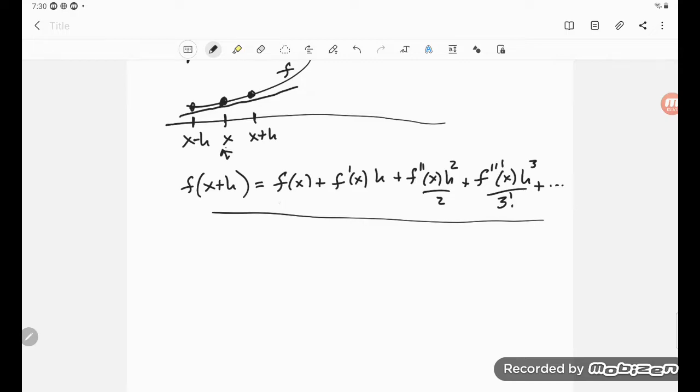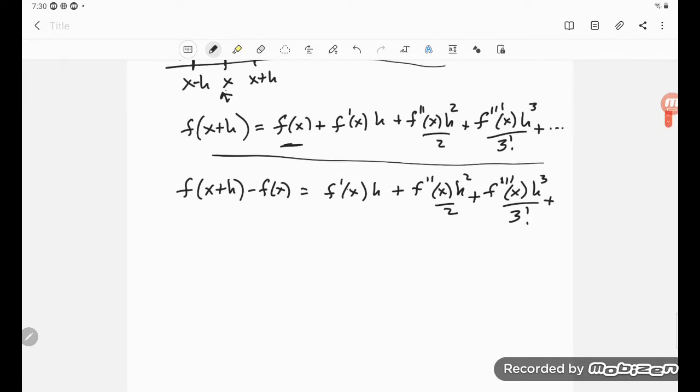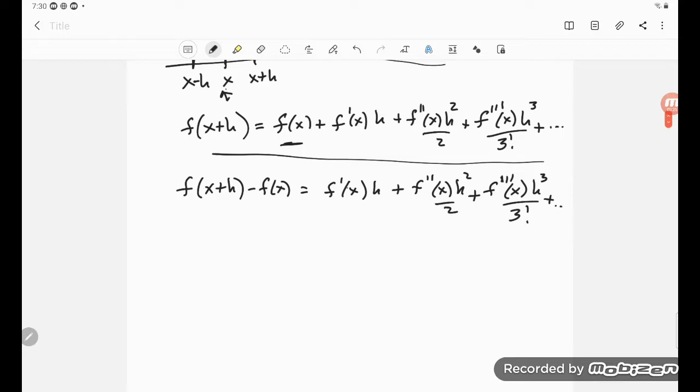But notice if I subtract f of x from both sides, I get f of x plus h minus f of x is equal to f prime of x times h plus f double prime of x, h squared over 2, plus f triple prime of x, h cubed over 3 factorial, and plus, and wherever I stop it, I stop it, but for now we can just say it keeps going.